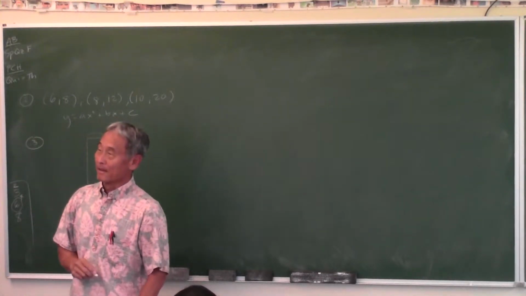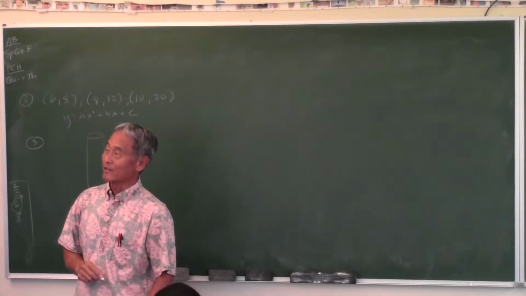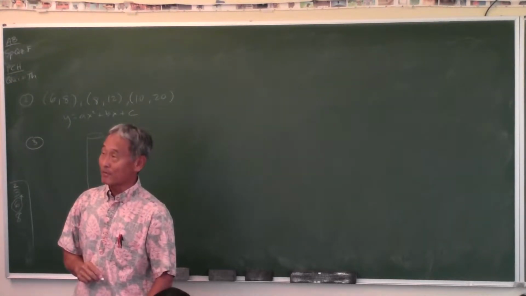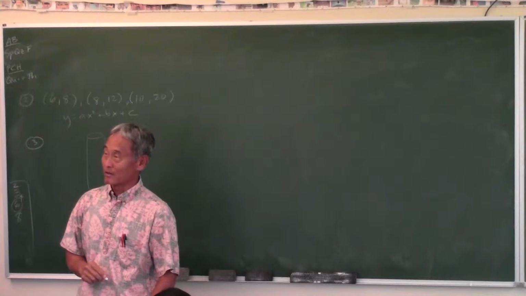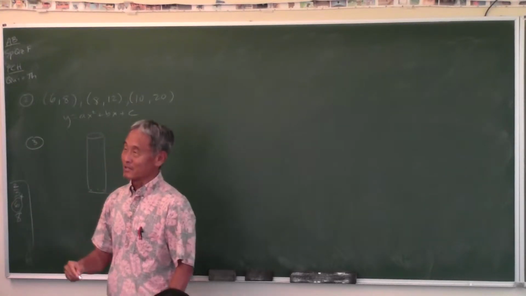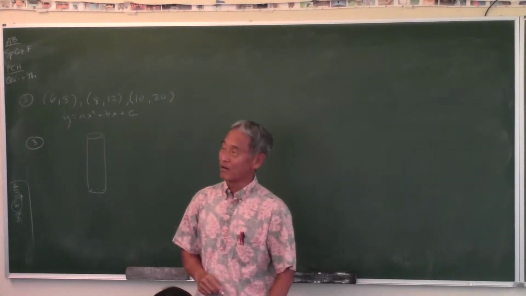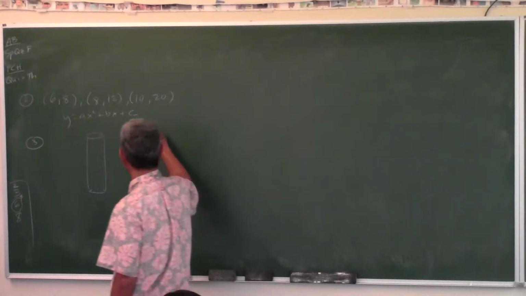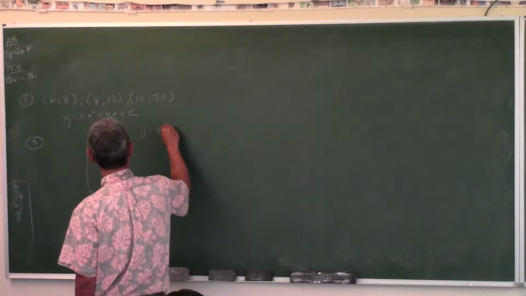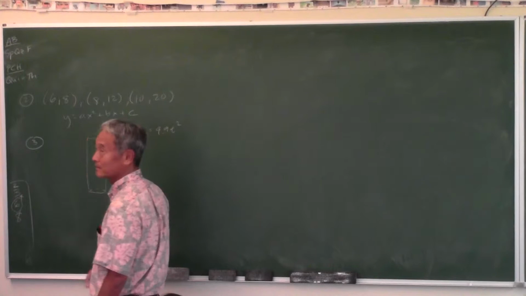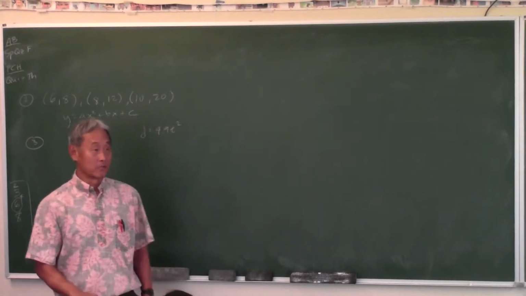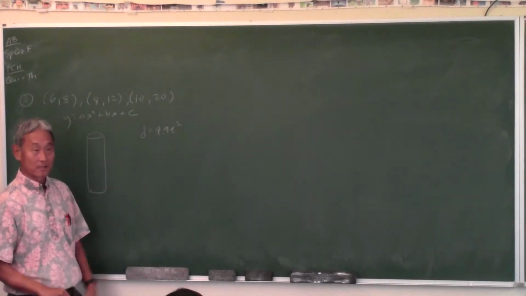Okay. Use your graphing calculator to find the distance from the top of the well to the surface of the water. And then I give you some things that you should know. The distance that an object falls is given by, now if you guys are in physics, you know this, right? 4.9 t squared. Who's in physics now? You guys not doing kinematics and things like that?